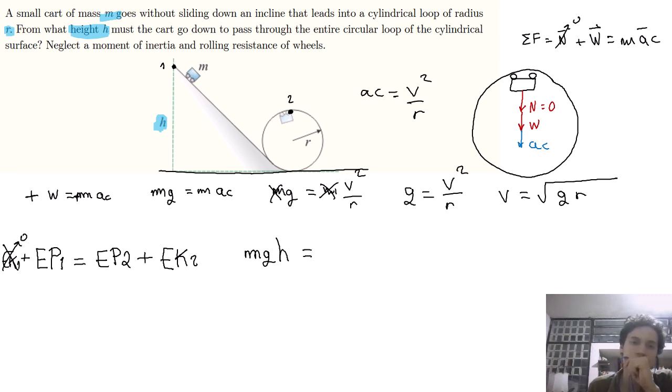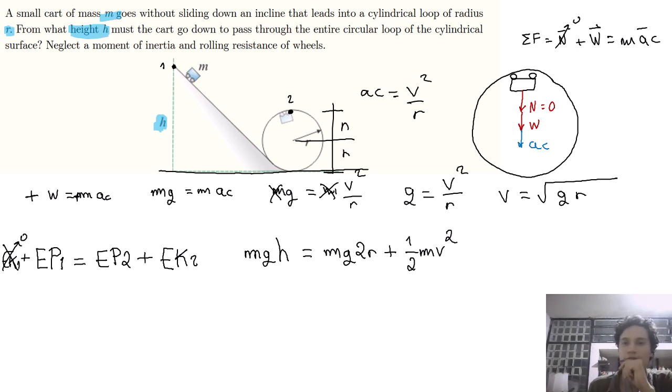The potential energy at point 2 will also have mass times gravity, but in this case, the height is from here to here. And we know that here is the radius, so the height is basically 2 times the radius. Now we put in the formula of the kinetic energy: 1/2 times mass times velocity squared.